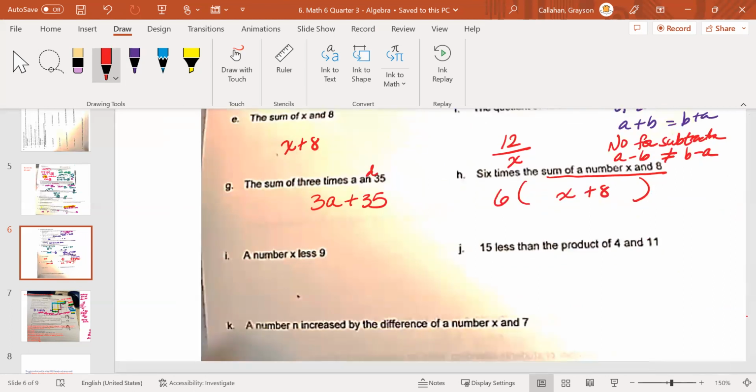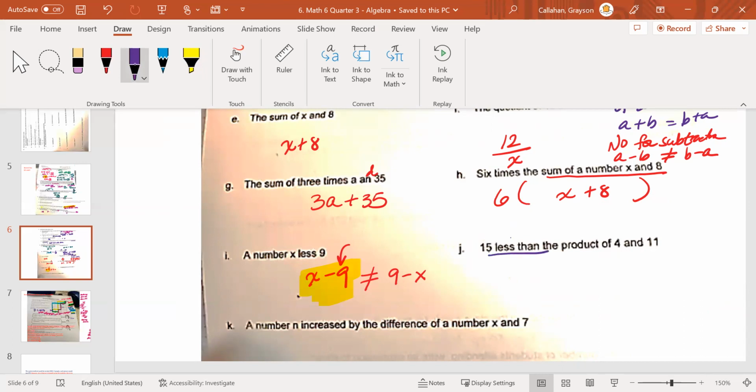A number x less 9. Remember, this is not the same thing as 9 minus x. Do you see that? It's not the same, okay? Because 9 here is negative, right? So you can't all of a sudden switch it and make 9 positive, okay? So you just need to write this part. Don't write the second half, but I just want you to see it, okay?